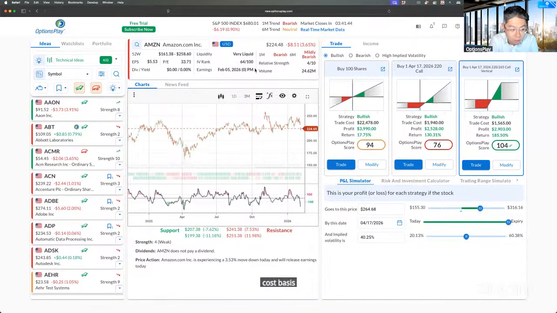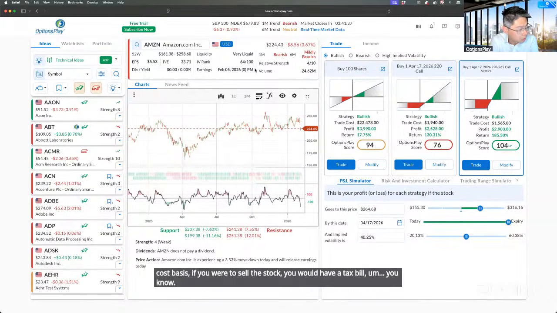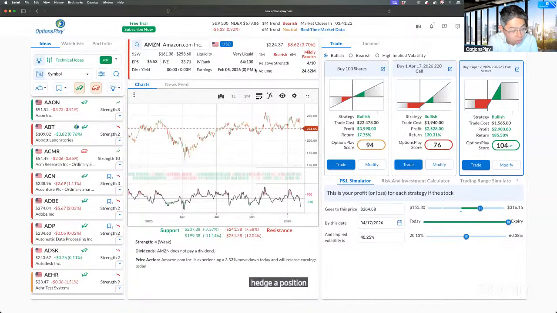If you were to sell the stock, you would have a tax bill. And this isn't the case for Amazon, but maybe there are other stocks that you own where you rely on the dividend, so you don't want to sell the stock and lose the dividend. So there are various reasons that you might want to hedge a position and not sell the position if you are concerned about some downside.